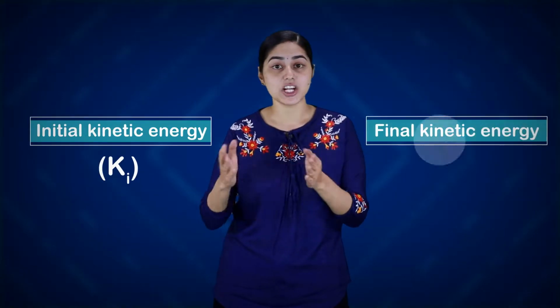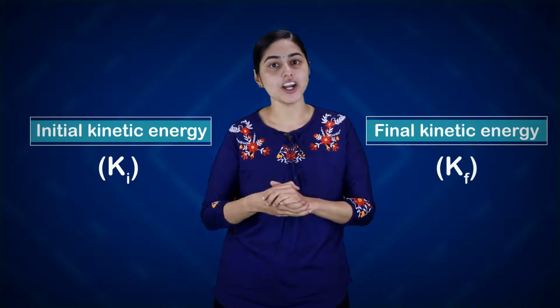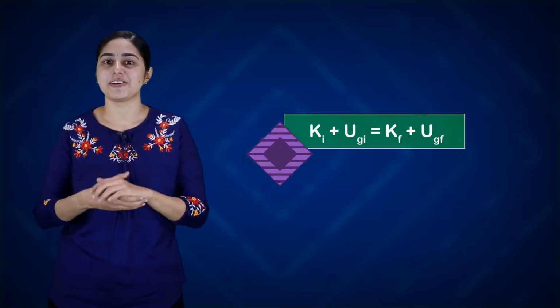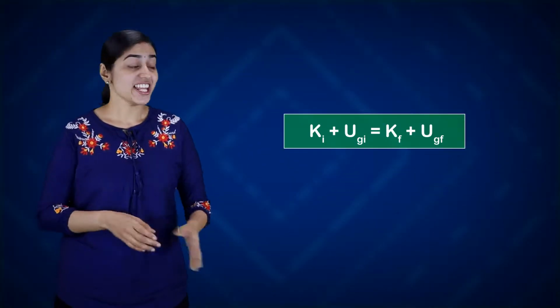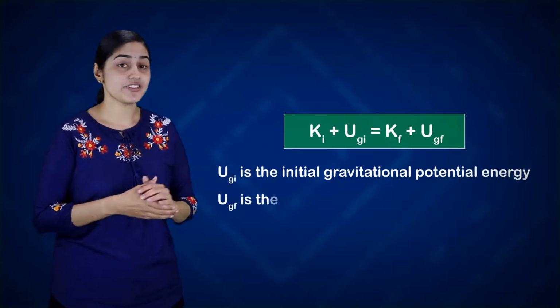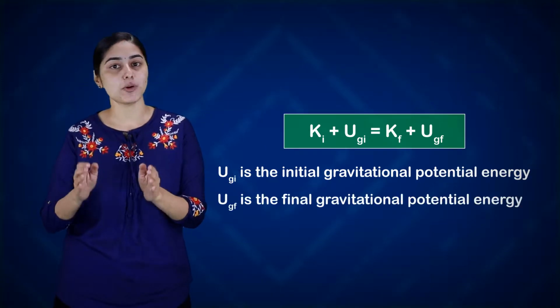The final kinetic energy is represented by Kf of the rocket. Since the rocket is in the gravitational field, it has some gravitational potential energy as well. Therefore, Ki plus UGi is equal to Kf plus UGf, where UGi is the initial gravitational potential energy and UGf is nothing but the final gravitational potential energy of the rocket.